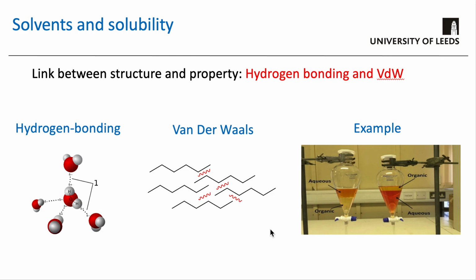So certain solvents can mix together, such as the ones which can hydrogen bond, like water and aqueous solvents, but the non-polar organic solvents don't mix with the likes of water, and so they separate out into different layers.